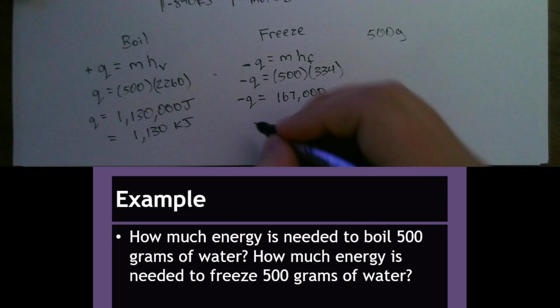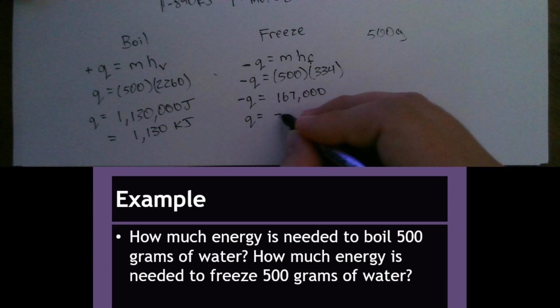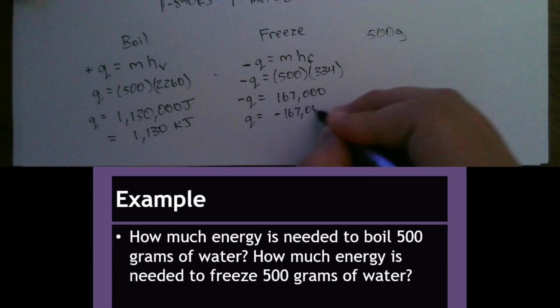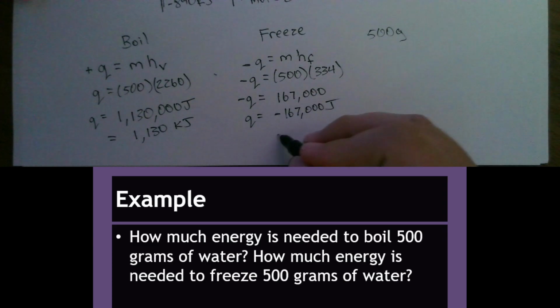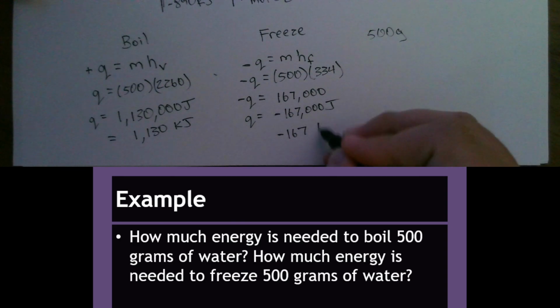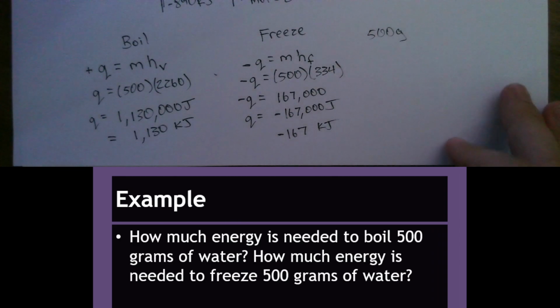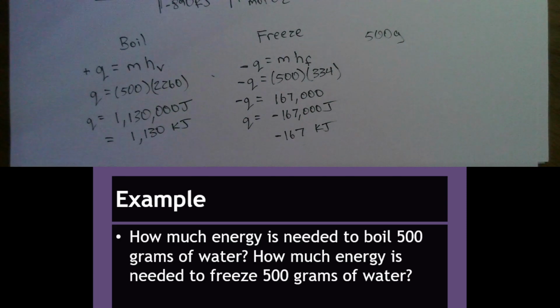Q is negative 167,000 joules, or kilojoules divided by 1,000. That's how much heat I need for those two things to happen. Q is negative, which just means I'm removing that much heat. Boil is positive, which just means I'm adding that much heat. So the negative or positive sign mainly tells you direction: am I adding heat to my system, or removing heat from my system?